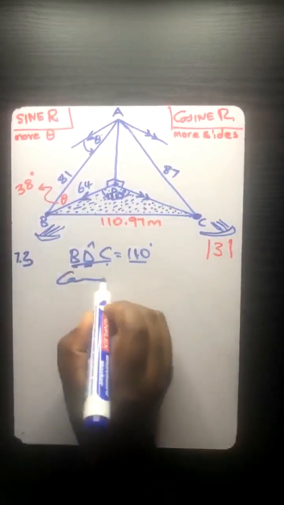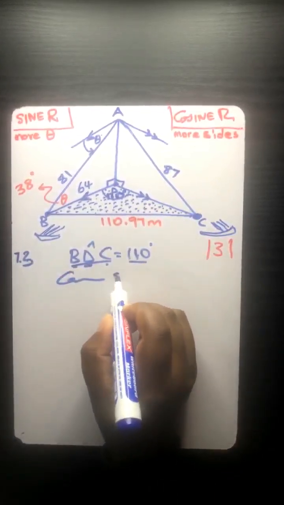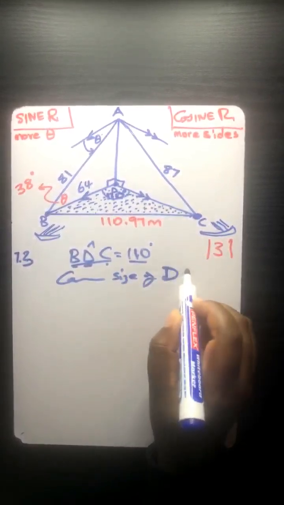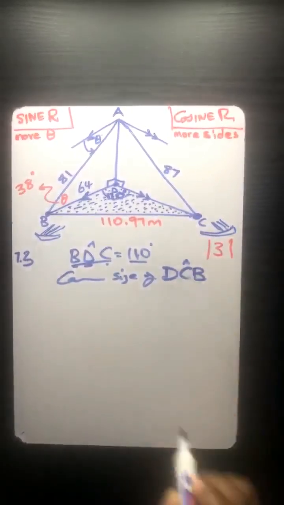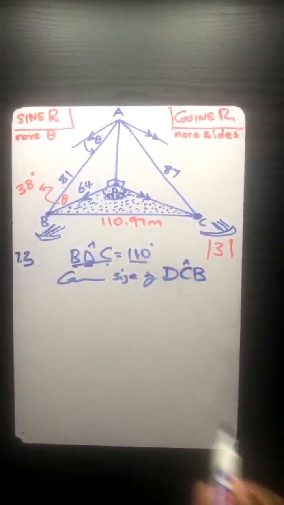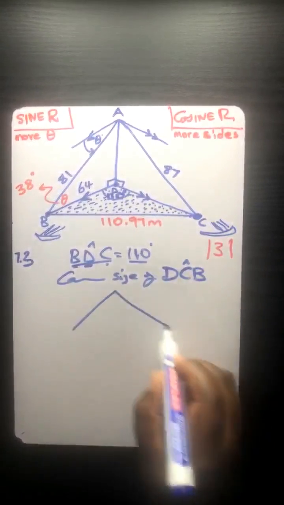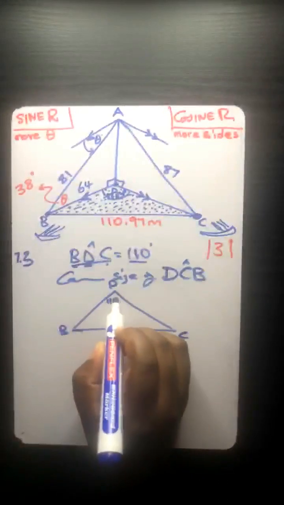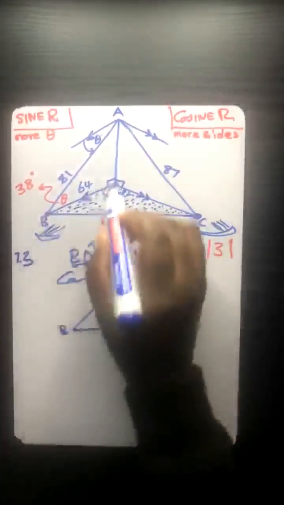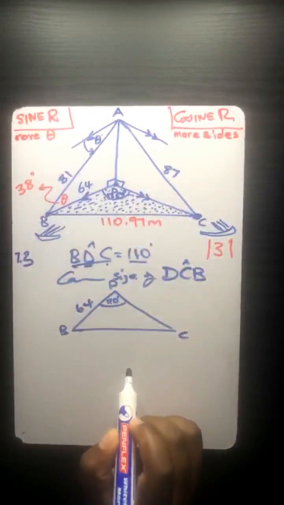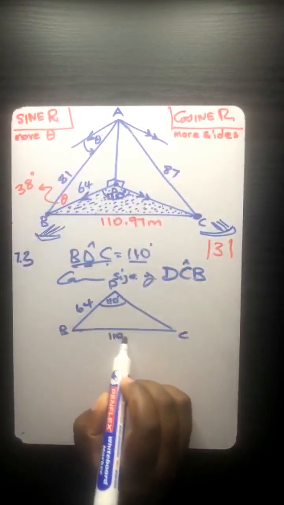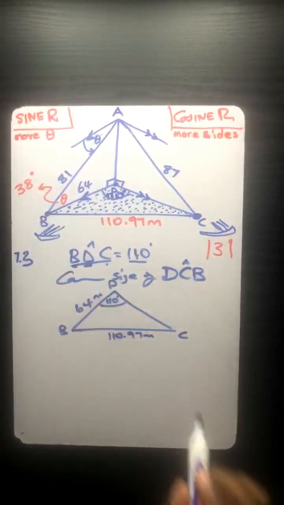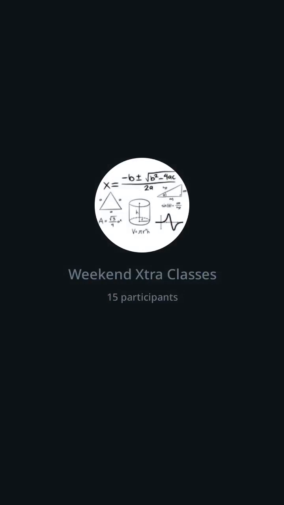Then they say calculate the size of C in triangle DCB. It's always best to quickly draw that. There is D, there is B, there is C. They say this is 110. I think we know that BD is 64. We just calculated this one. And this is what they want you to calculate.